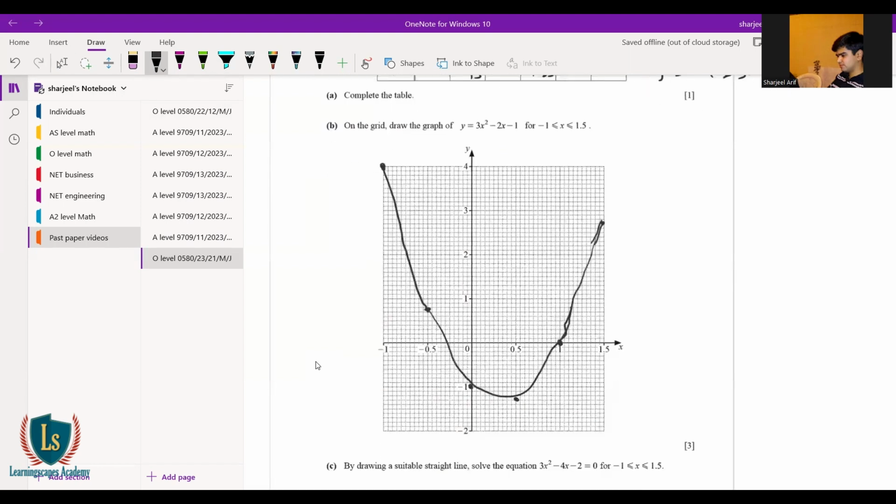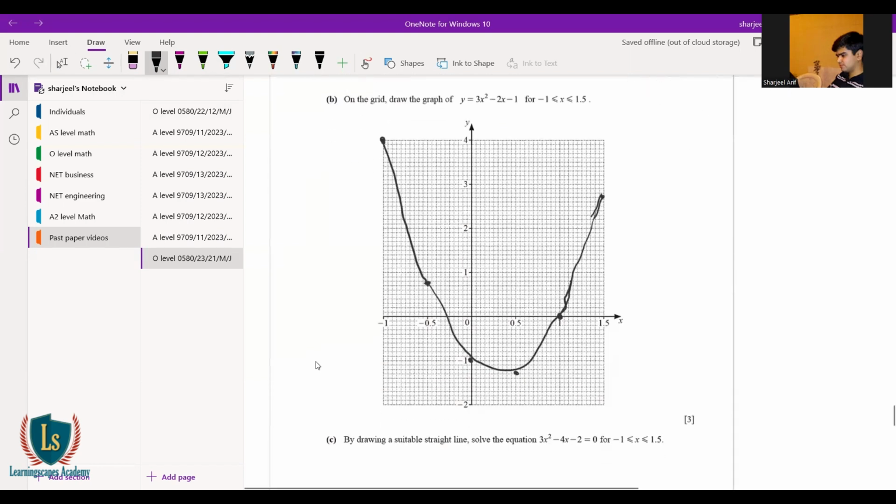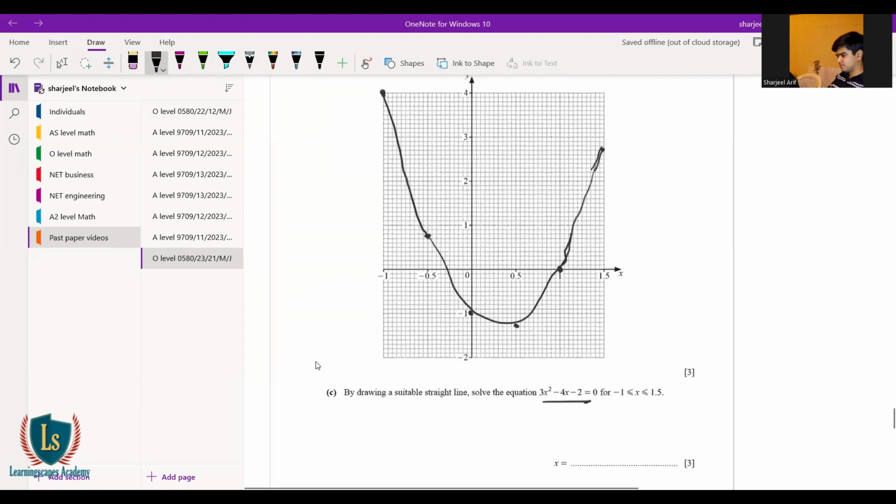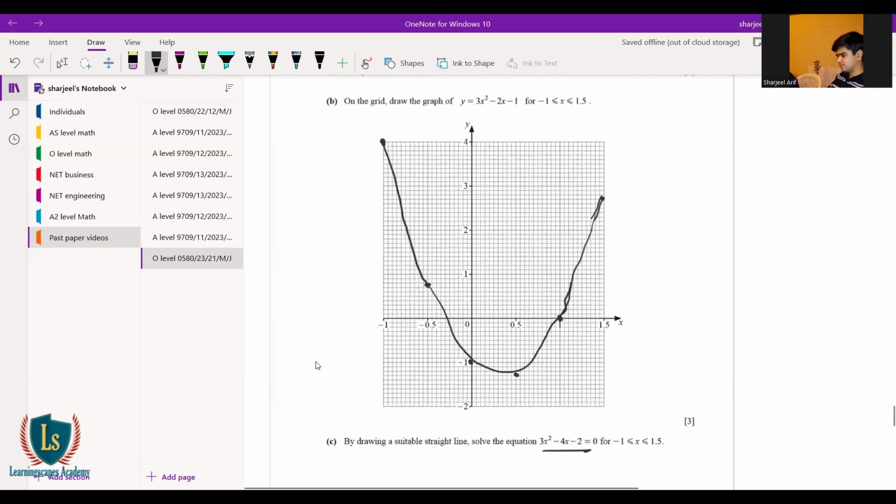Now, on the grid, we have done this one. By drawing a suitable straight line, solve this equation. Now we have to look at the previous equation, which is 3x squared minus 2x minus 1. Compare this expression with this one. The difference is we have minus 4x here and minus 2 here.